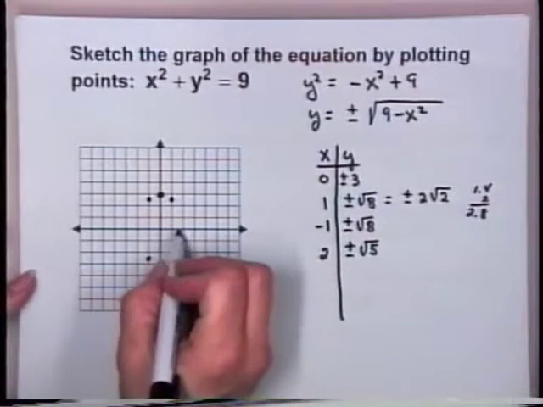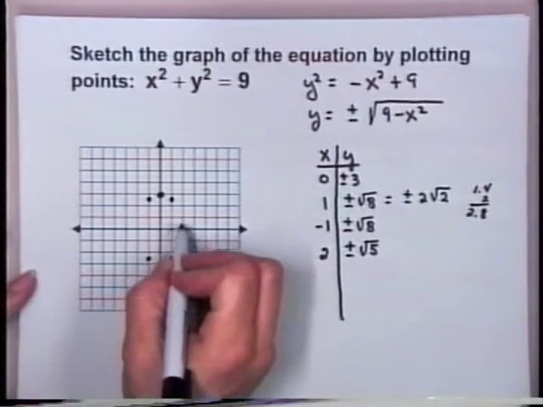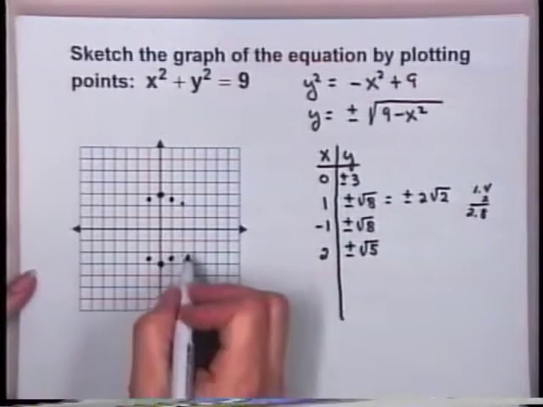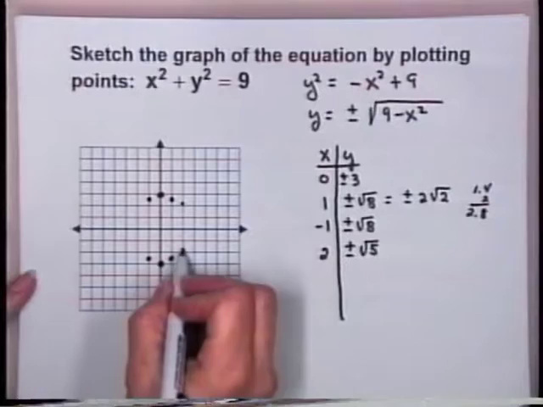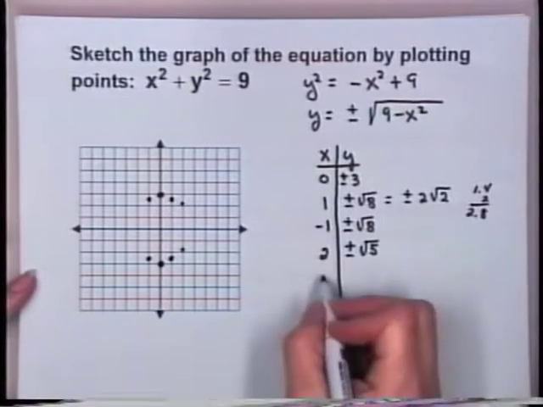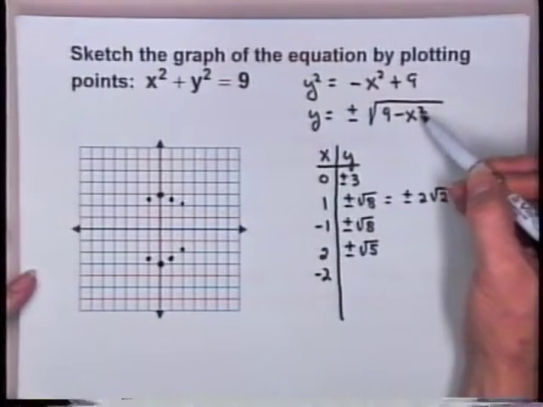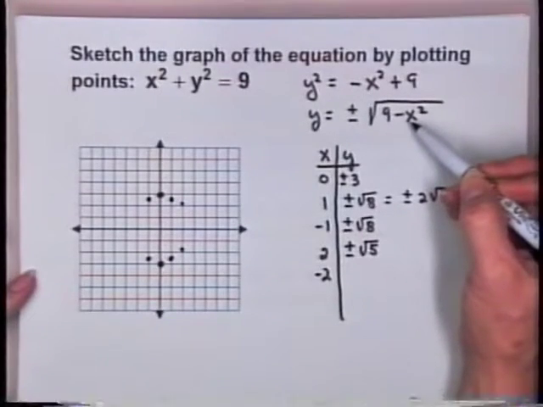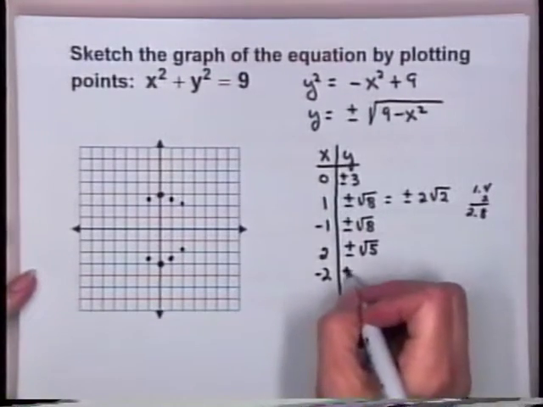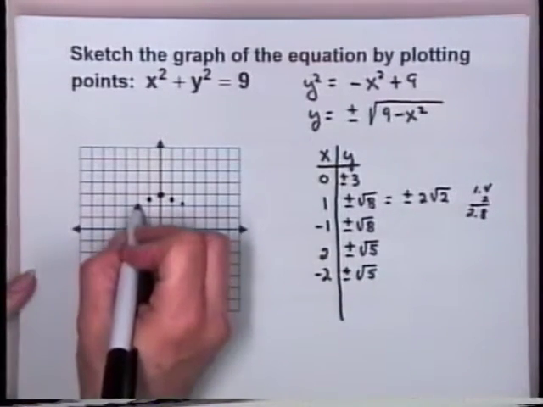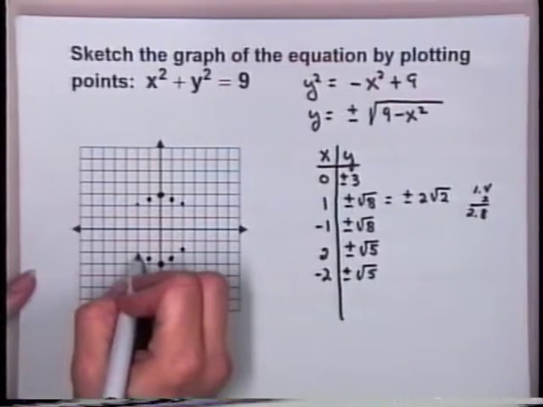So, let's see, whenever x is 2, I'm going to get a number larger than 2, but not as large as that answer we had a while ago. And I will have possibly the negative value there. Notice if I choose x to be negative 2, the same sort of thing happens. I'm going to square the negative 2 first and get 4. 9 minus 4 is still 5, plus or minus square root 5. So over here at negative 2, I'm going to have those same sort of values here.